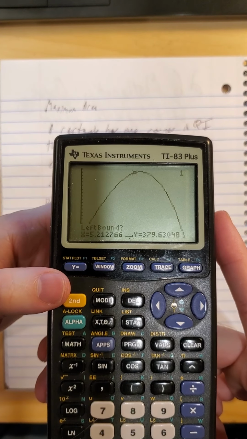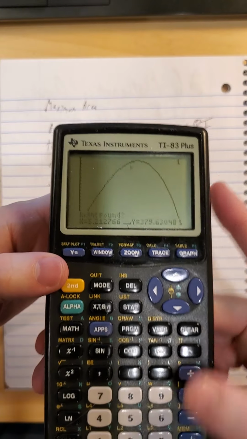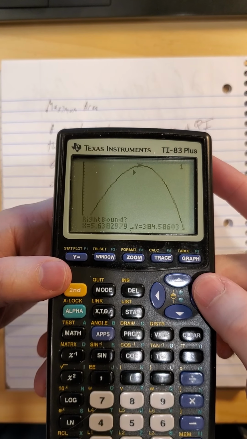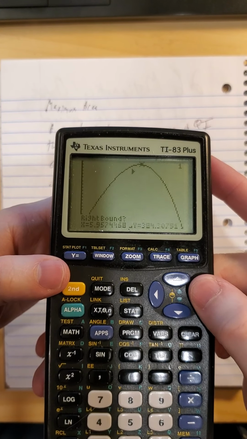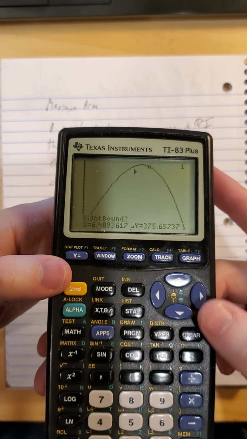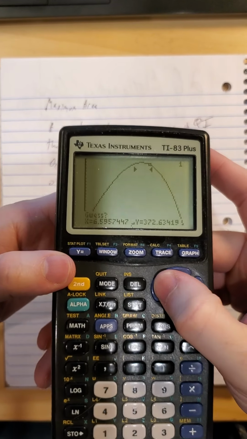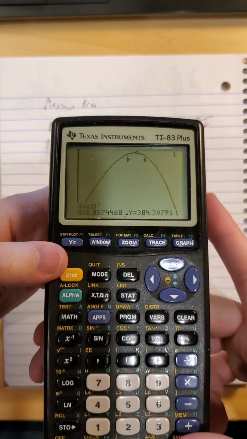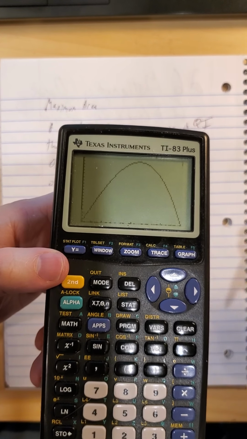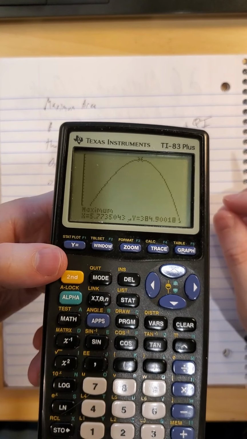So left bound, I'm still to the left there. Hit enter. Right bound, higher values, higher values, higher values, and now they're dipping down. And a guess. So it's going to think for a minute.